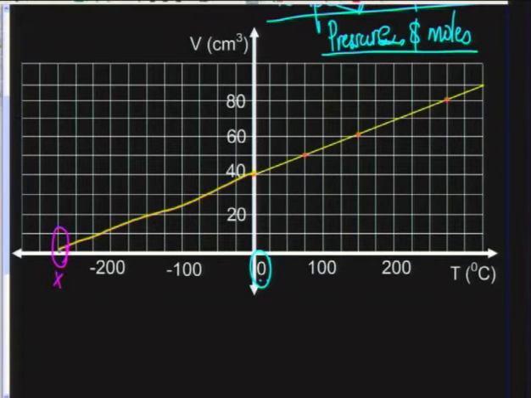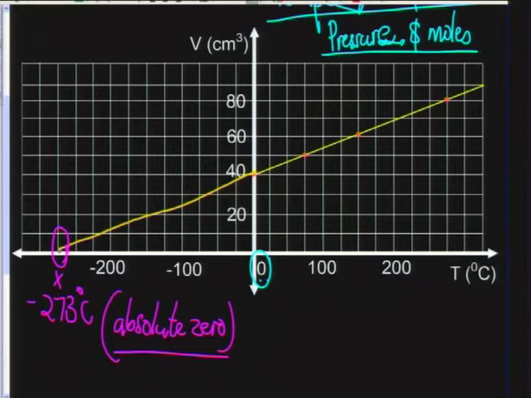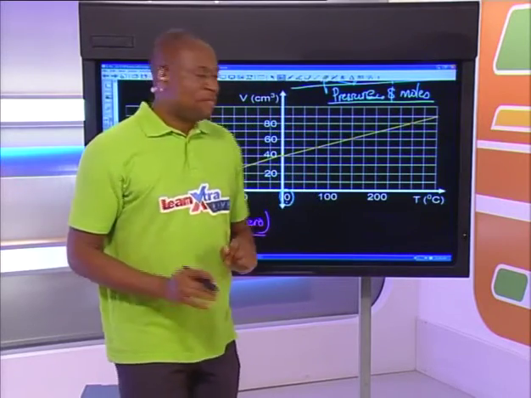And at that point, he realized that this temperature scale works out to minus 273 degrees Celsius. And he called this the absolute zero. Now, this became the absolute zero. A temperature level at which a gas occupies no volume. All right.